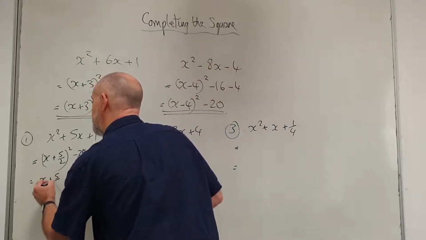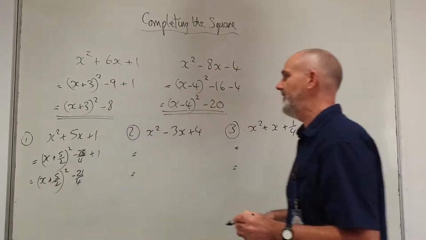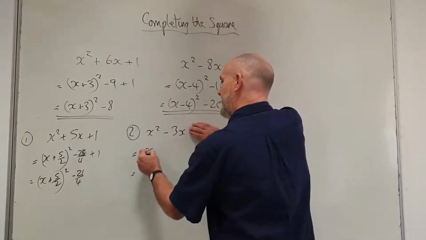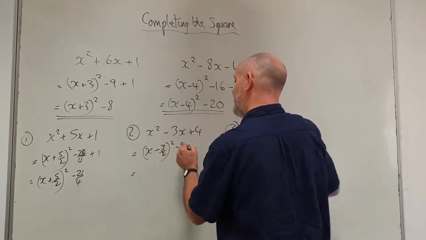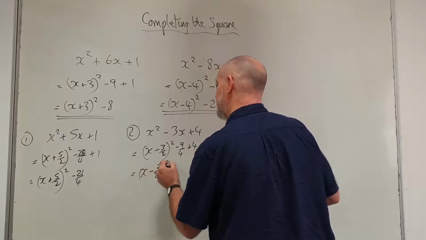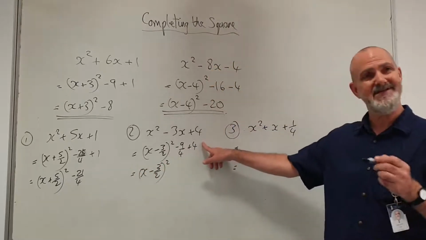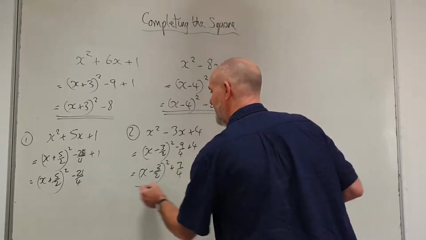This stays the same, and that becomes negative 21 over 4. Here, cover that up, x minus 3 over 2 squared minus 9 over 4 plus 4, and that would be x minus 3 over 2 squared. This is minus 9 over 4 plus 16 over 4, so that would become plus 7 over 4.